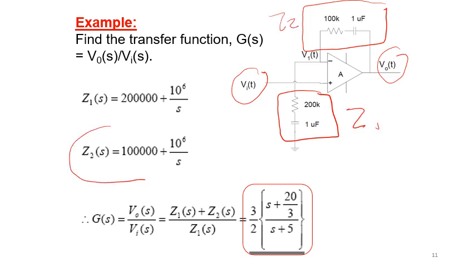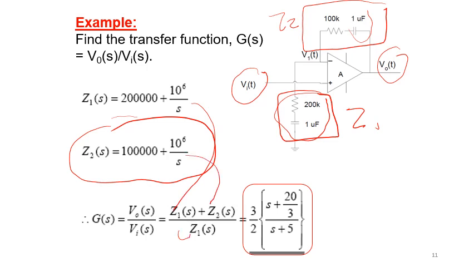So Z2 is equal to 100K in series with this capacitor, and then Z1 is equal to 200K in series with this capacitor. When we put them, substitute Z1 and Z2 in this equation, simplify, you will get the transfer function. So this is the transfer function, which again is input, output, and transfer function.